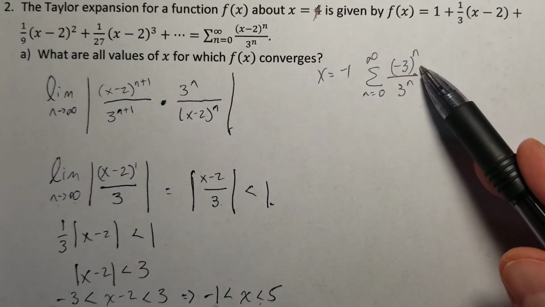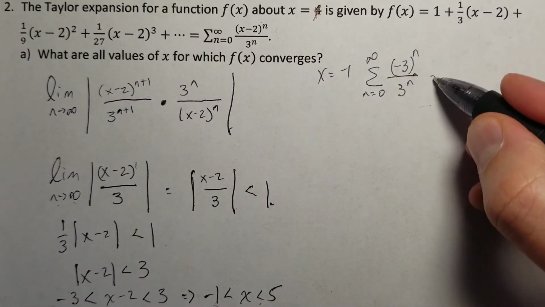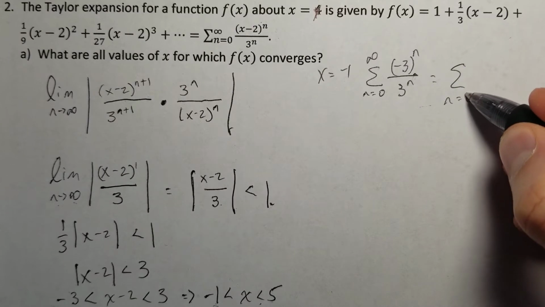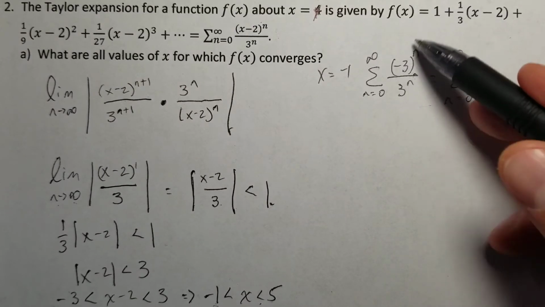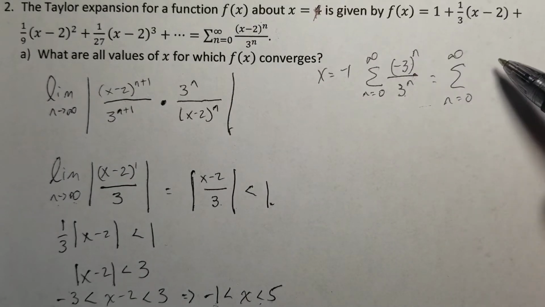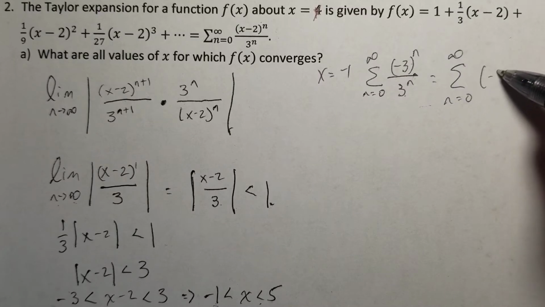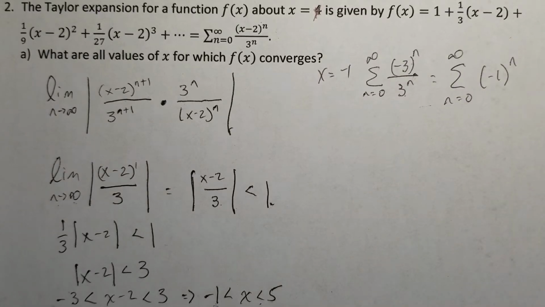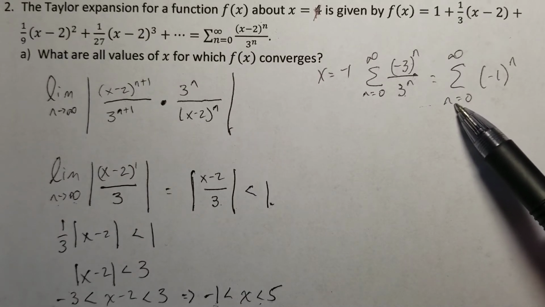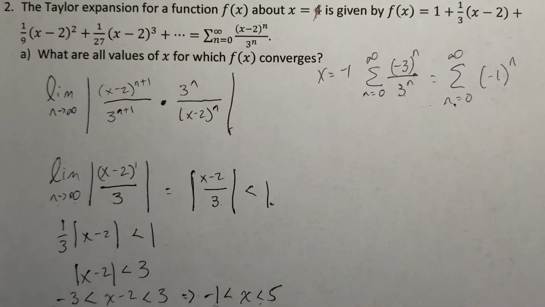Because we're to the same power here, this is the summation from 0 to infinity of negative 3 over 3, all to the nth power, which simplifies to negative 1 to the nth power. Now, as a series in and of itself, this is just going to oscillate between negative 1 and positive 1 as you progress through values of n.